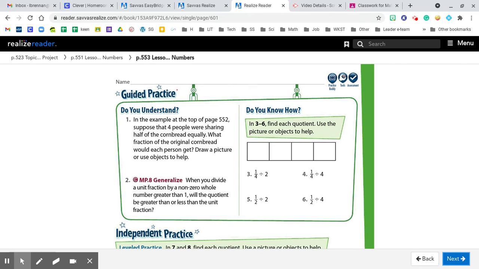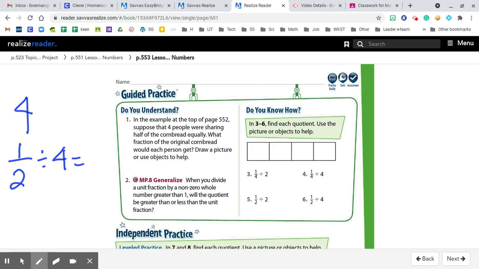All right. In the example on the top of page 552, suppose 4 people are sharing half of the cornbread. So our problem will change a little bit. We have 4 people, and we're starting out with half the cornbread, and we're dividing it by 4 people.